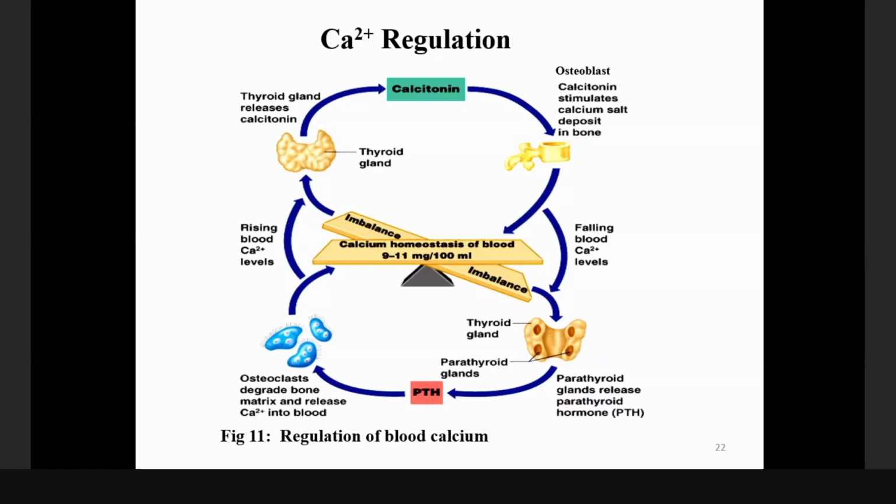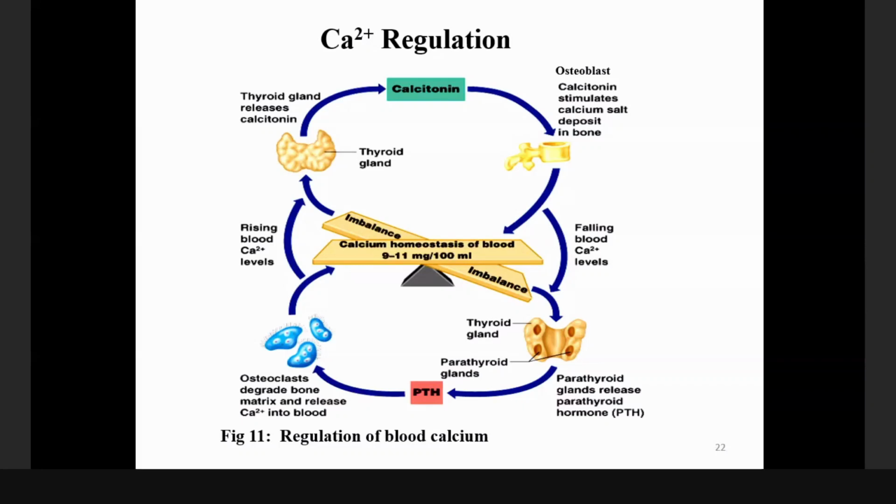So if calcitonin reduces blood calcium, then parathyroid hormone increases the blood calcium, so that the parathyroid hormone activates osteoclast cells, not osteoblast, osteoclast. Osteoclast cells facilitate demineralization of your bone in such a way that your bone releases calcium into the blood, so that the blood calcium is going to increase, back to normal.